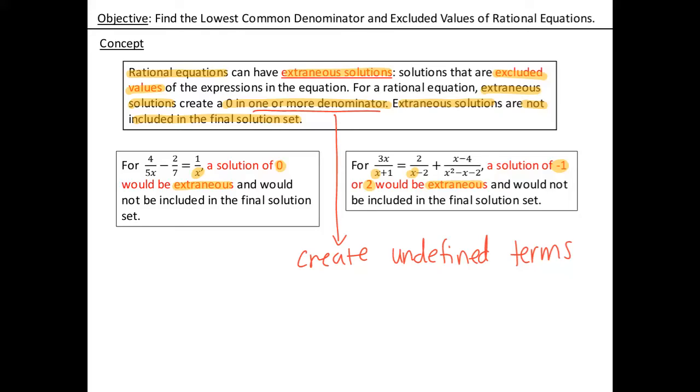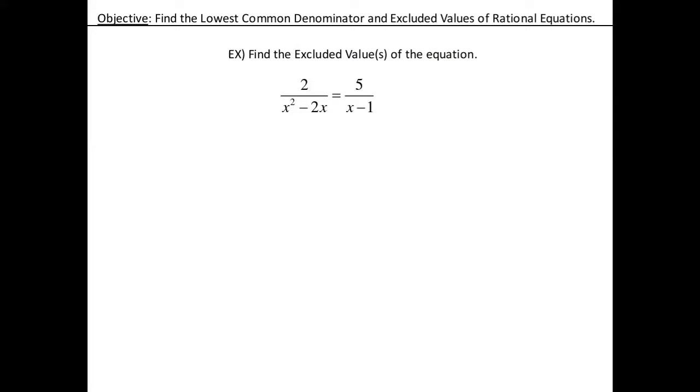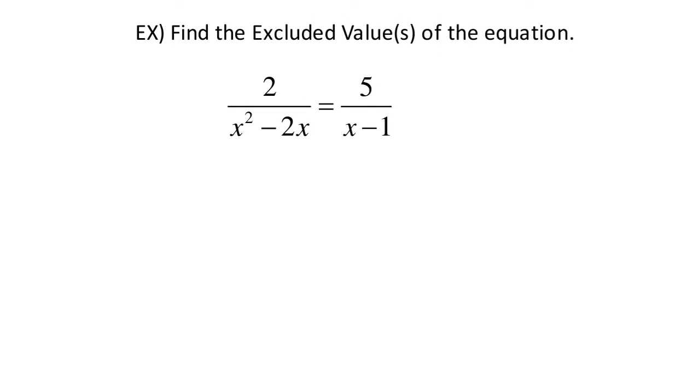So if I look at an example, we actually already did this one. It's on the front page, but now we're adding to it. So on this one, go ahead and copy the second fraction. Or I mean, it's already there for you, my bad. But we already did the LCD portion for this one.